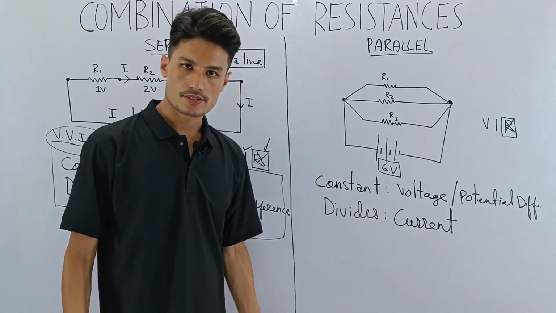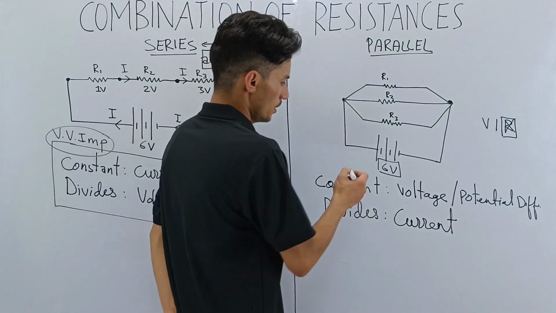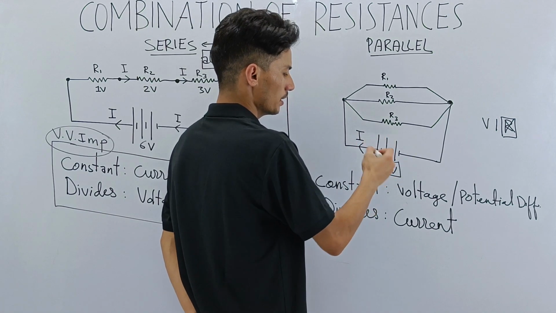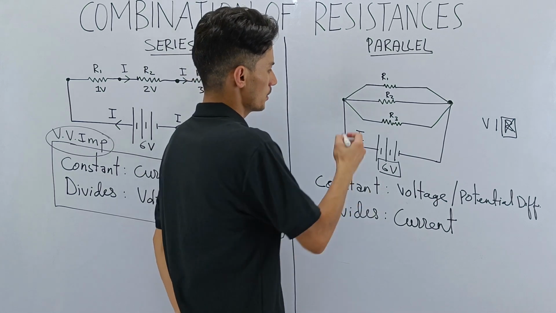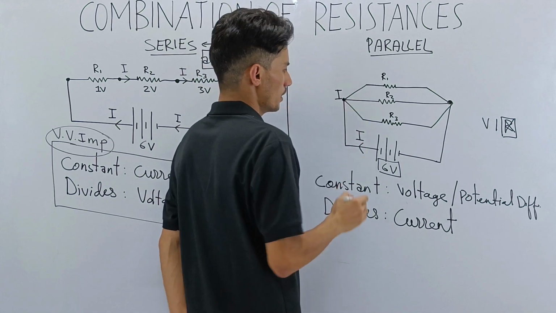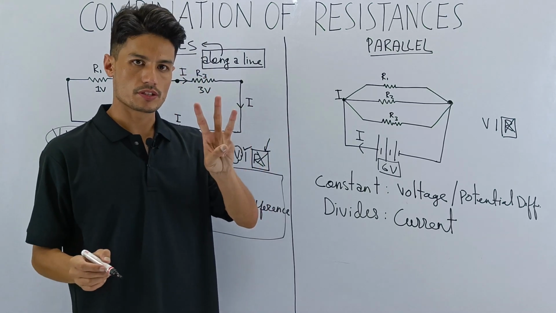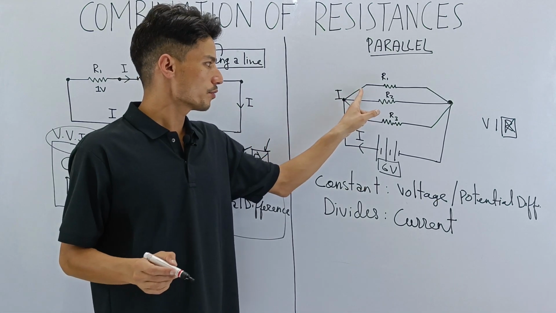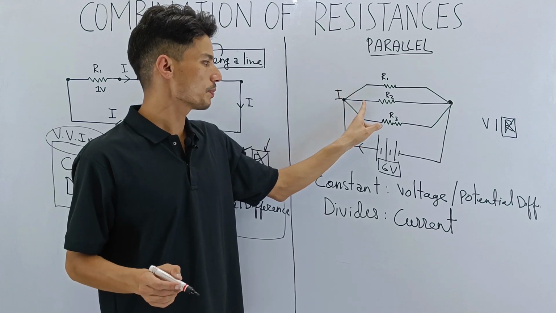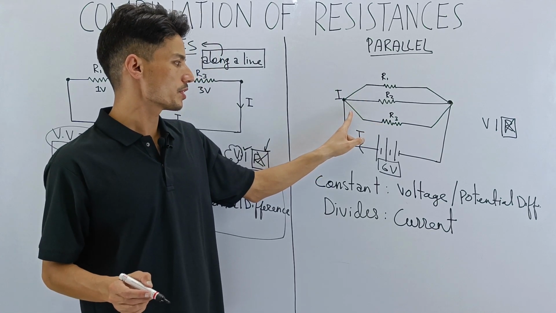Current gets divided. Let's understand this one. So let's say current I comes out of the battery. The same current I will reach till here, but after reaching here, current gets 3 ways to divide itself. So a part of the current will flow through this path, and a part of it will pass through this path, and a part of it will pass through this path.